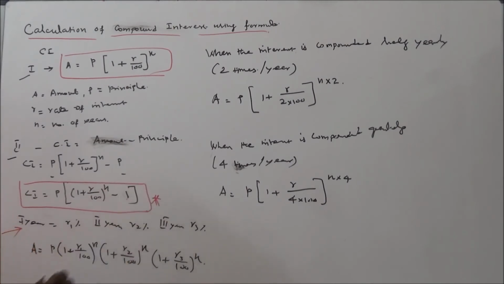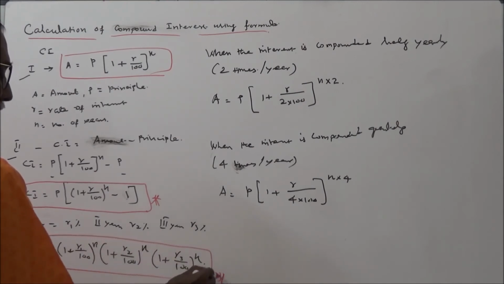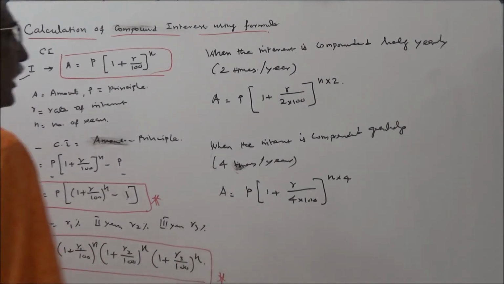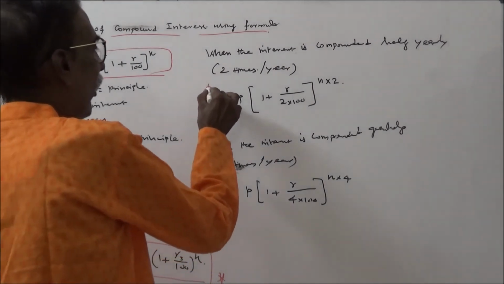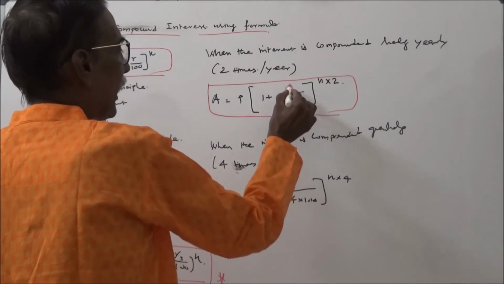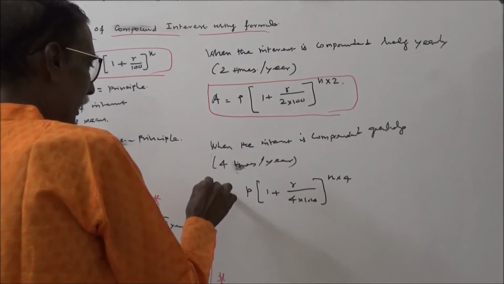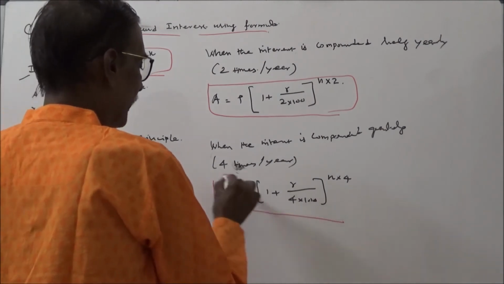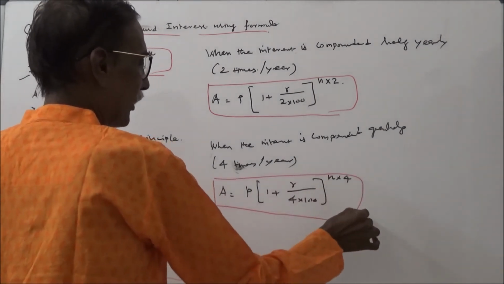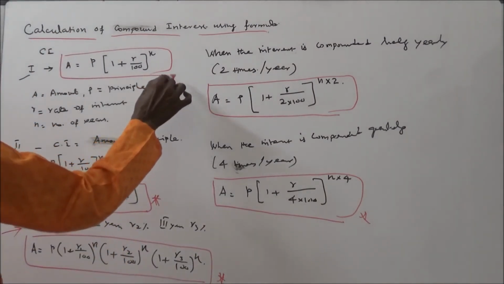Third is when the rates are different, so we have to go for this formula. Then, if the interest is calculated half yearly, that is interest divided by 2 and number of years into 2. Quarterly means 4 times. Okay, so these are all very, very important.